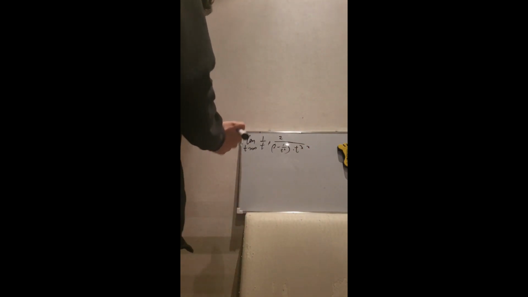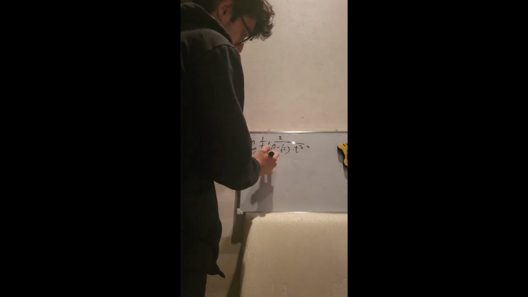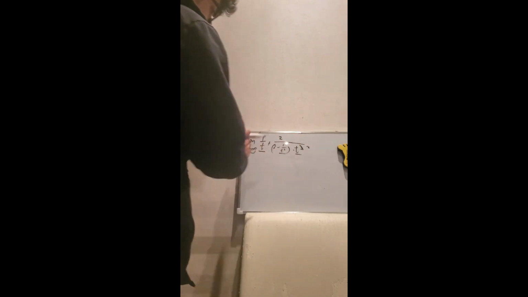Okay, our final version was the limit t approaching infinity of 1 over t plus 2 over (2 - 1/t^2) multiplied by t cubed. So here what we can do, actually, t goes to infinity, and we see that everything has a numerator and denominator, so we can just eliminate them.